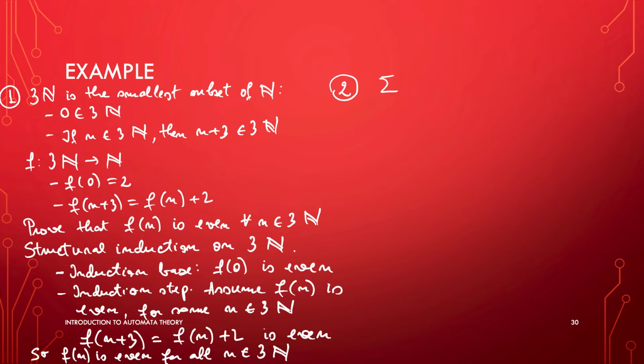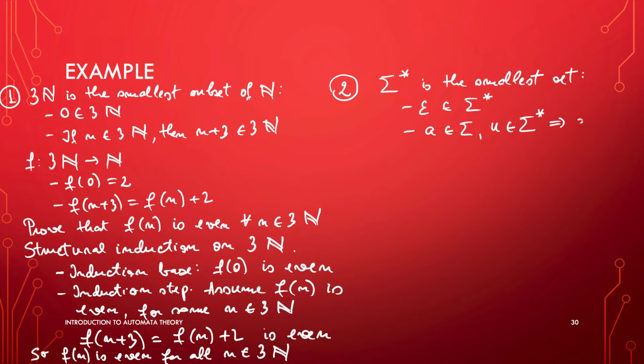If you have an alphabet sigma, sigma star is the smallest set in such a way that the empty word is in sigma star, and if you have a letter A from your alphabet and a word U from sigma star, then you have also that AU is in sigma star. So this is something we had in a previous example, and I'm just recalling this for you.